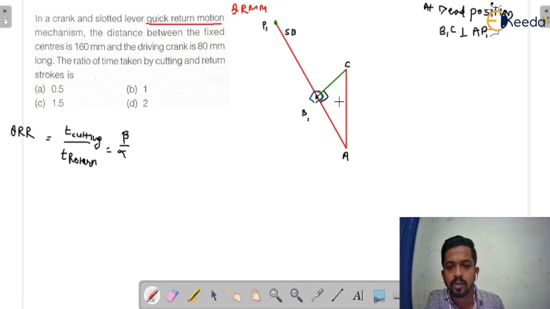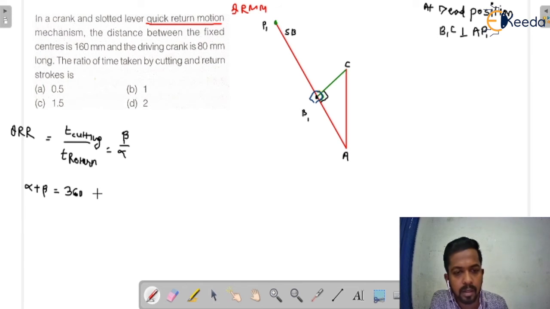So first we have to find this. Now we know that alpha plus beta is equal to 360 degrees. This is our first equation. Now for finding the second equation, you have to use alpha by 2.